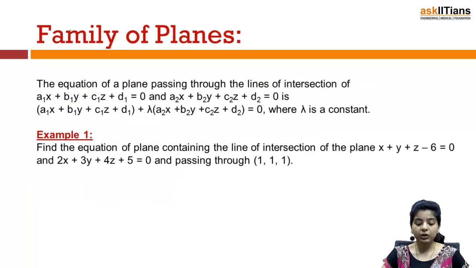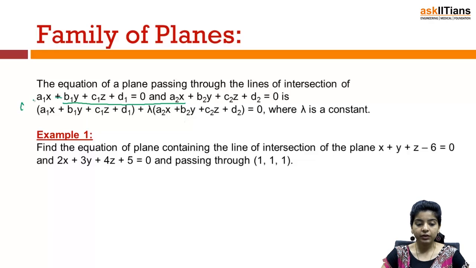Next we have is family of planes. The equation of plane passing through the line of intersection of a1x plus b1y plus c1z plus d1 equal to 0 and a2x plus b2y plus c2z plus d2 equal to 0 is a1x plus b1y plus c1z plus d1 plus lambda times (a2x plus b2y plus c2z plus d2) equal to 0, where lambda is a constant.